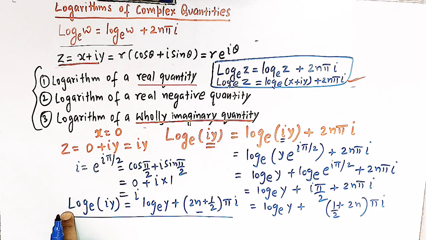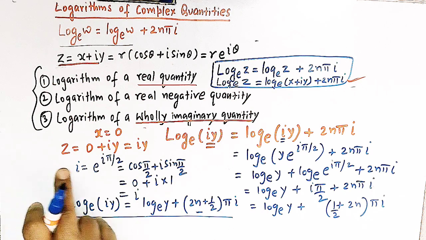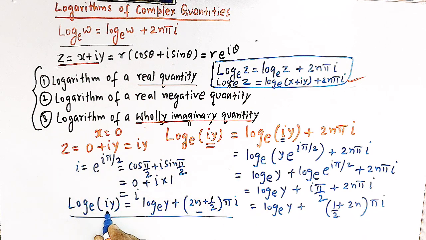So the general value of the logarithm of a purely imaginary quantity can be expressed by this expression, and from here we can see that the general value of the logarithm of iota y is a many valued function, right? Because if we vary the value of n, then we can get an infinite number of logarithms.